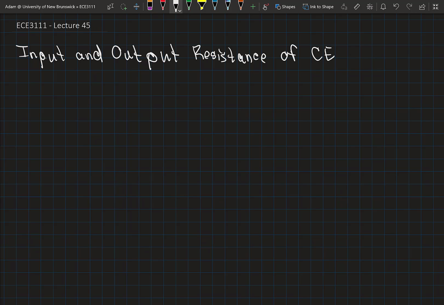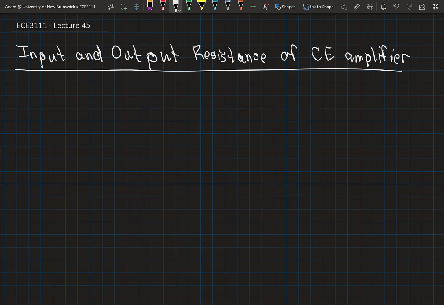I'm just going to say I have a common emitter amplifier, and let's see if we can assess the small signal equivalent circuits to evaluate those. So I'm going to use a hybrid pi model to begin with, and we'll see that I'll eventually move to a T model for the analysis when I add in the emitter resistance.